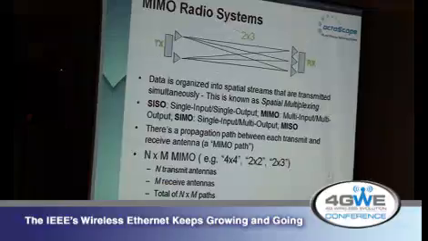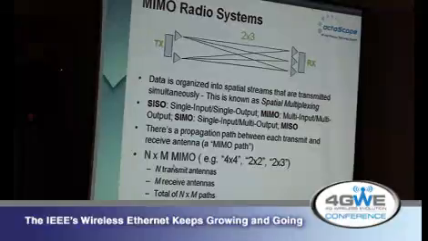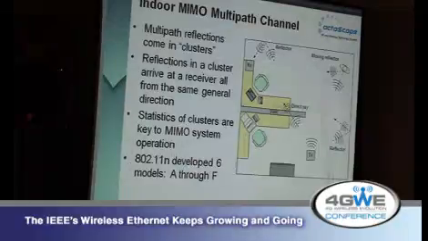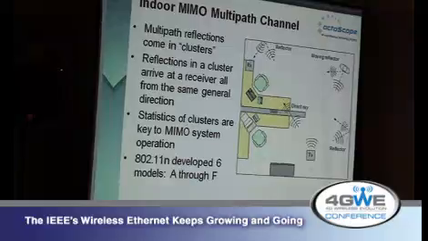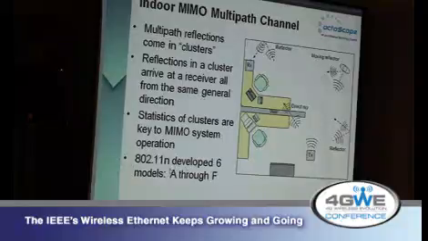And so with MIMO technologies, you usually see MIMO N by M. N usually stands for the number of transmitters, M stands for the number of receivers. And in an indoor environment, you have different channel models than in the outdoor environment. 11N developed its own models.